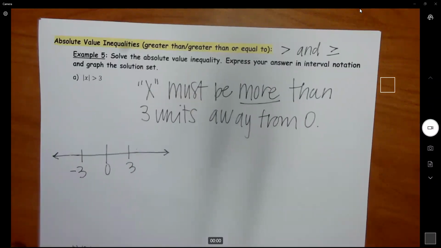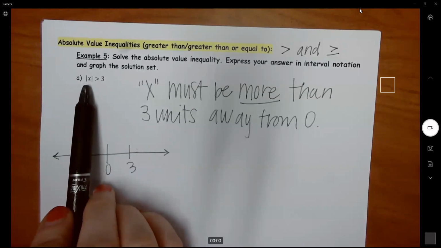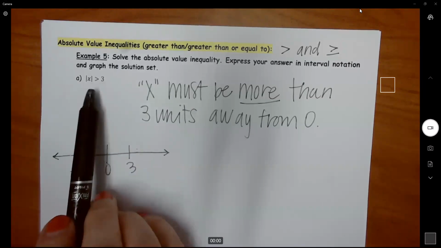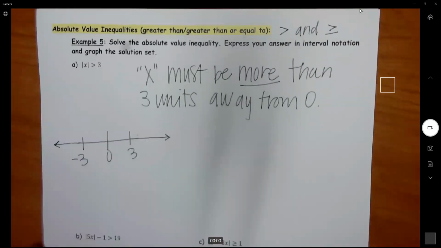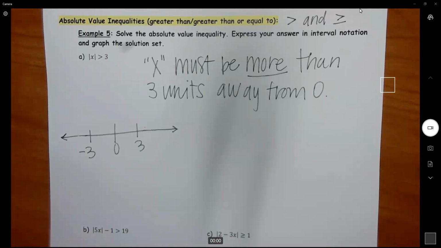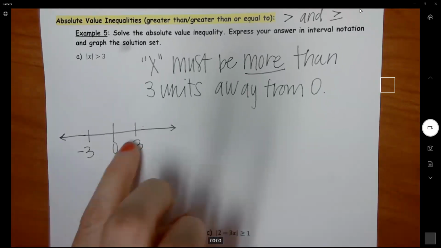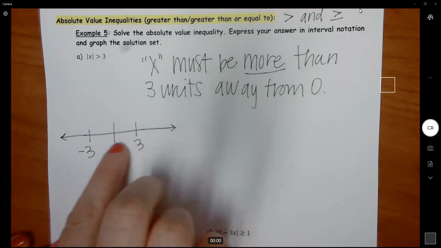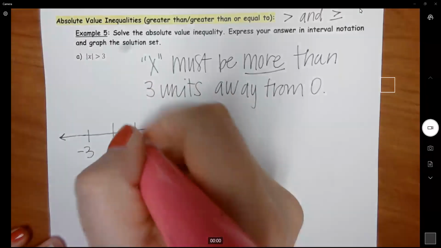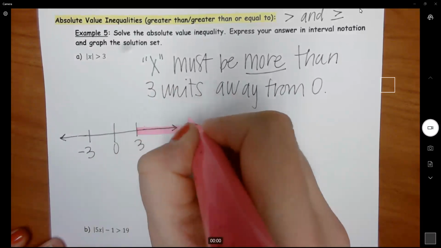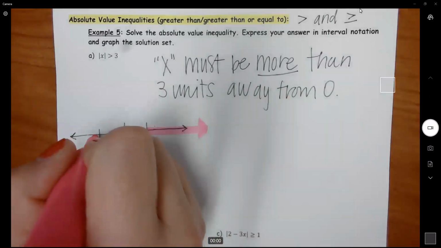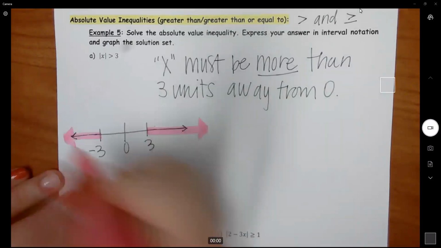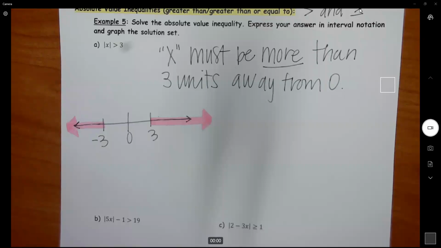absolute value inequalities. So here we have the absolute value of x is greater than 3. What this is stating is that x must be more than 3 units away from 0. So this time, anything in here is less than 3 units away, but over here, all of those are more than 3 units away, and all of these right here are also more than 3 units away.